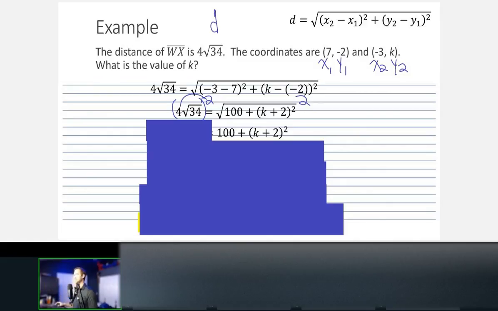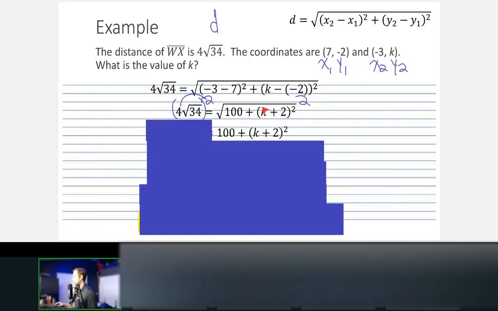Take note of the difference between squaring a binomial. We cannot square the k and we cannot square the 2 separately. It is not the same thing. Squaring factors is not the same thing as squaring a binomial. Squaring means times itself. So we're just doing 4 radical 34 times 4 radical 34.